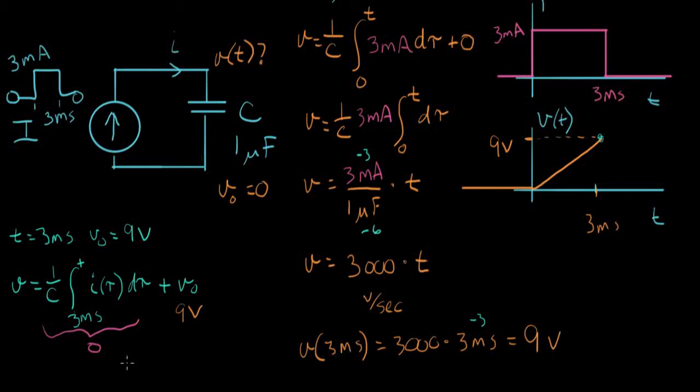So the answer after the pulse goes away is V equals 9 volts. I can sketch that in up here, and basically it just goes straight sideways at the new voltage. So that's how we solve a really simple capacitor problem. We were integrating a current pulse, and what we got was a voltage ramp.